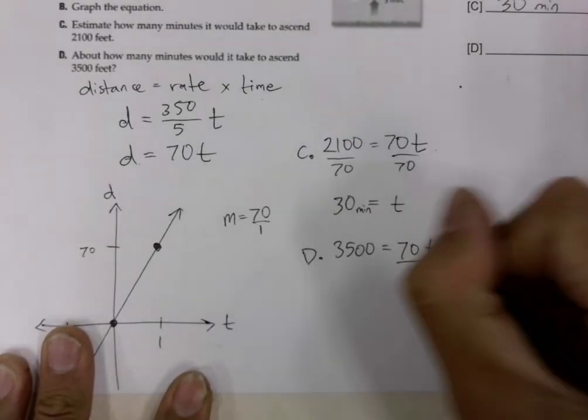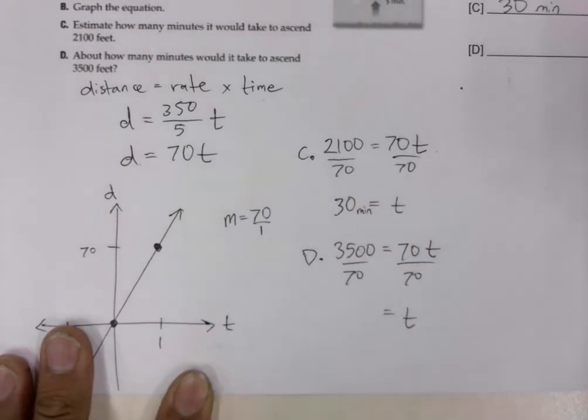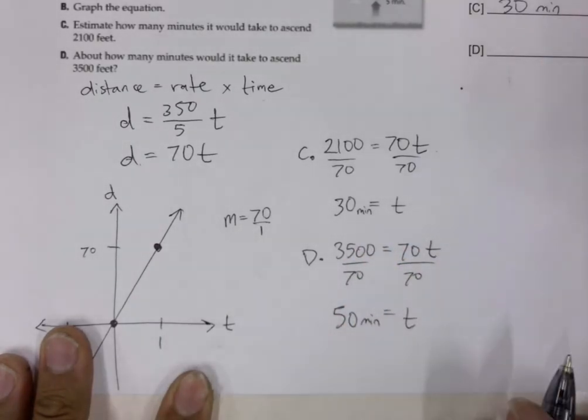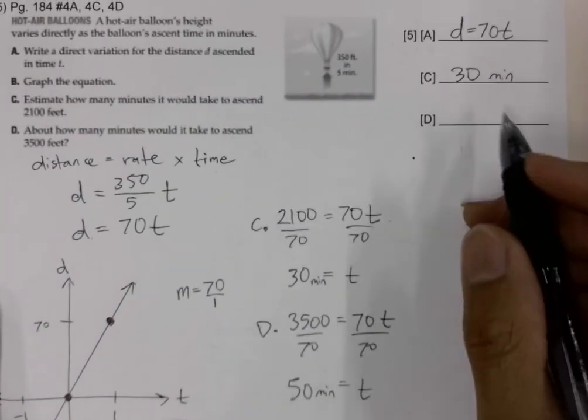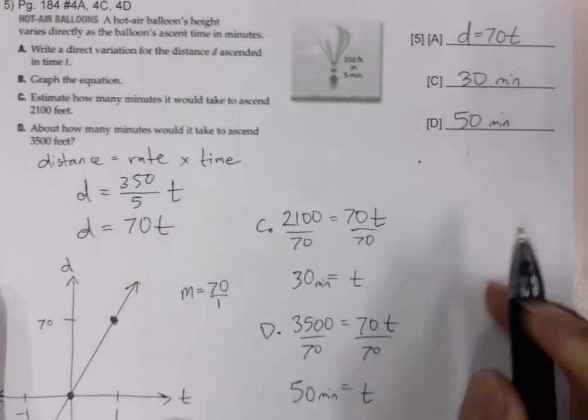We're solving for t, so we divide both sides of the equal sign by 70. And so t is going to equal 3,500 divided by 70, and that's equal to 50 minutes. And I'll write 50 minutes as my answer.